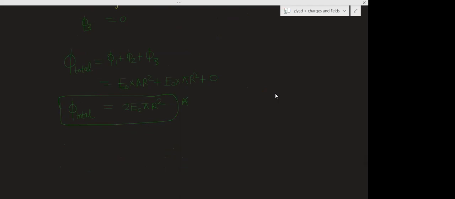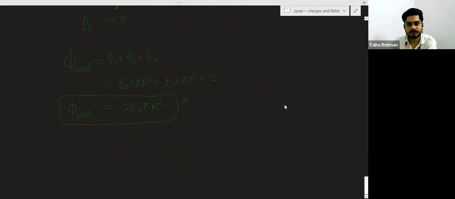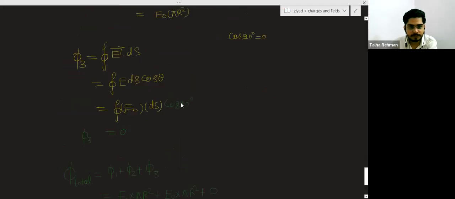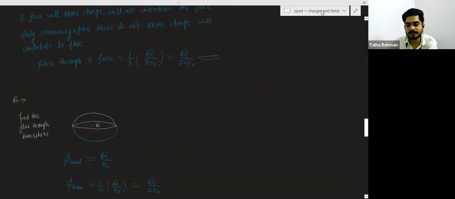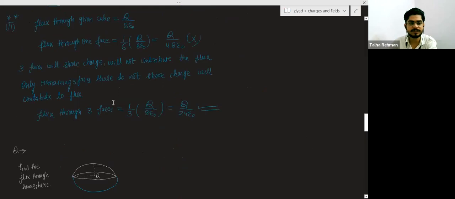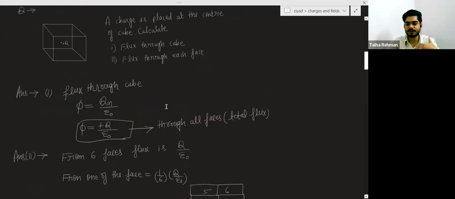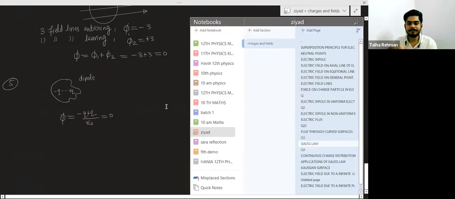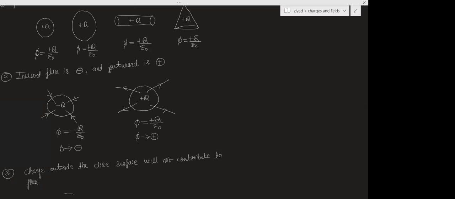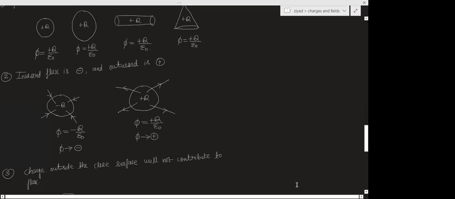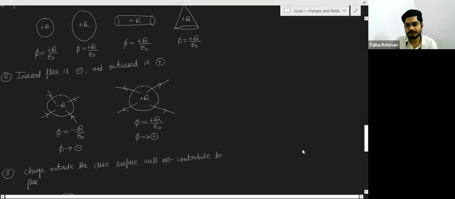If you want to ask anything in this chapter, in this topic, Gauss law, because this topic is related to area vector, and the main confusion of students is area vector, then please ask me.